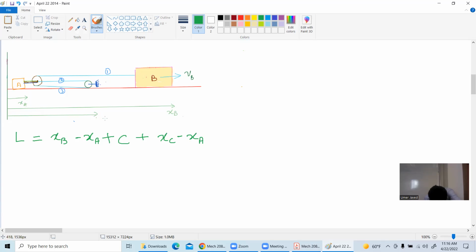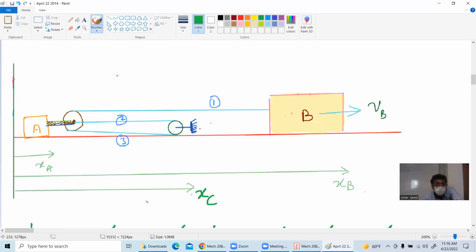What is XC? Let's say this is my XC. Now there are students who are saying that XC minus XA does not give you the length of the rope, because the rope is till here and there is this rigid rod, and then they are saying that there is this fellow as well.